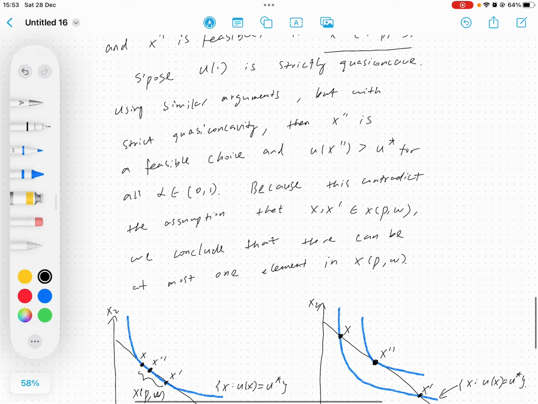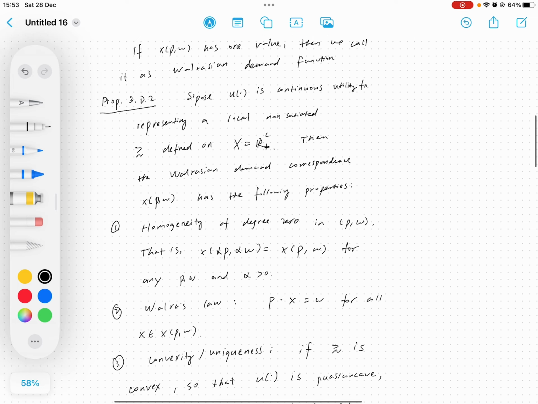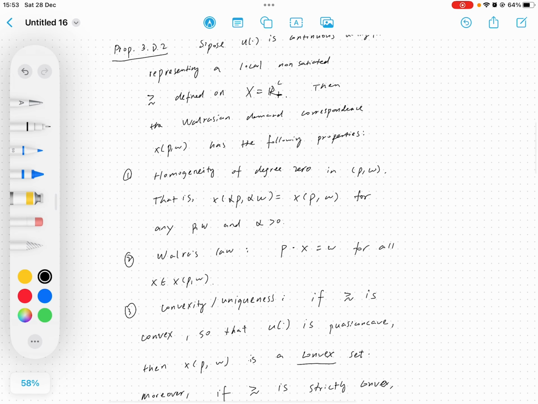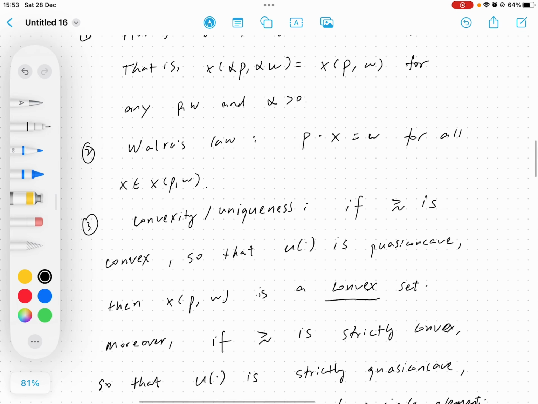The first was the homogeneity of degree 0 in P and W for X, the second was the binding constraint for the budget, and the third one was the convexity of X. We notice that in all the arguments and proofs we used today, we largely rely on the assumptions and properties we covered before for the preference relations.